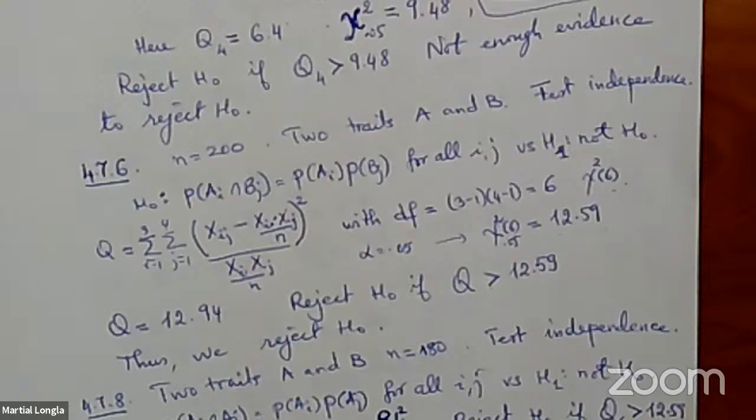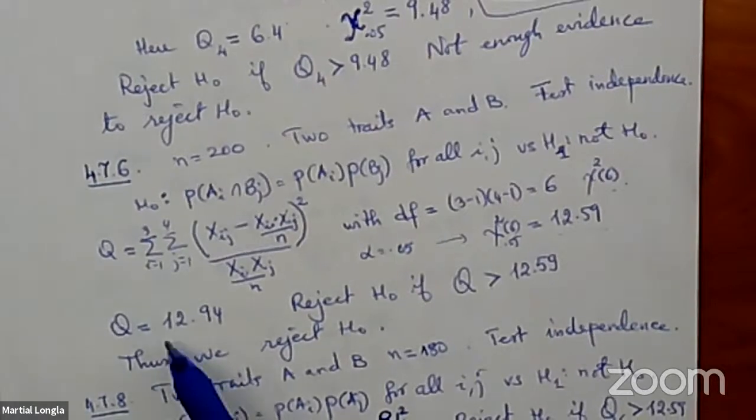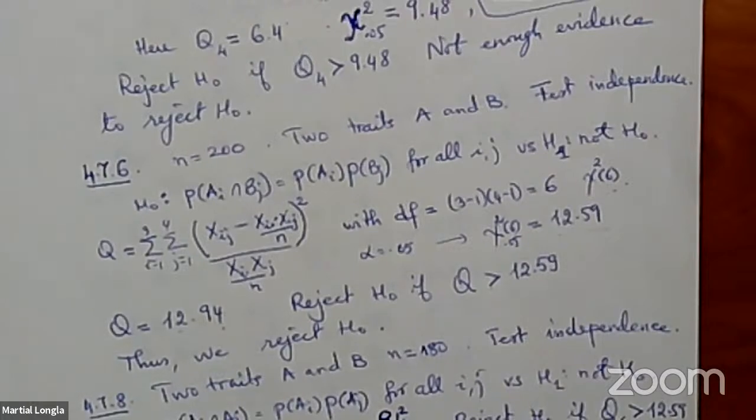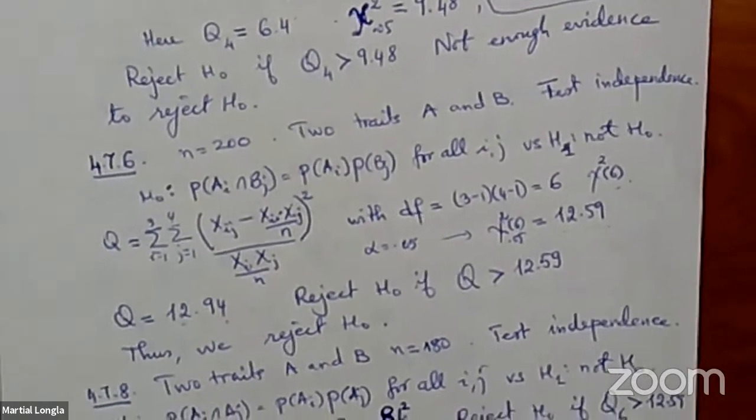So we are looking at chi square with 6 degrees of freedom larger than what? Larger than 12.94. All right. Any questions on this one? No. Okay.